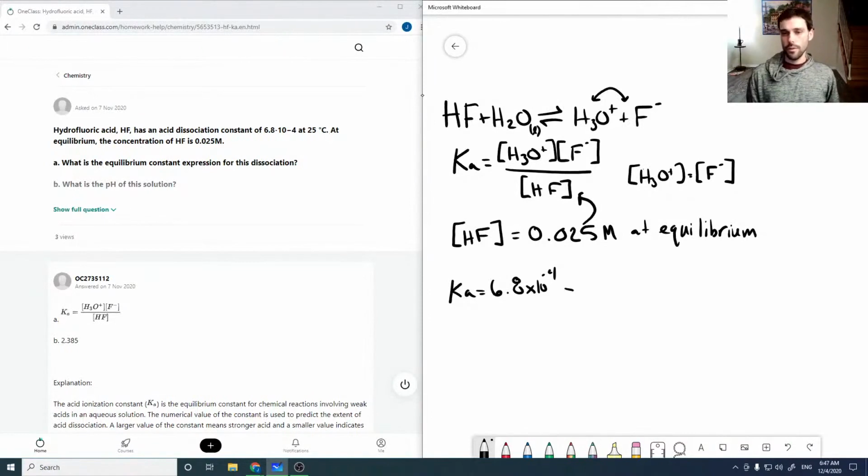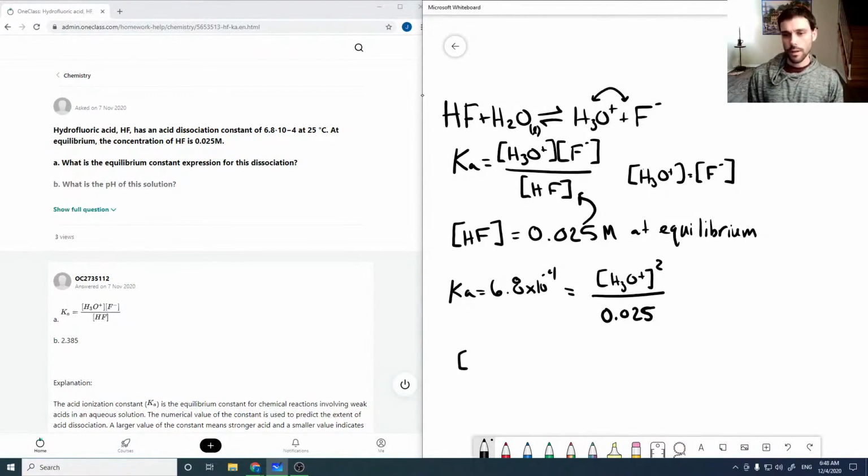And so this value must equal our H3O plus concentration squared over our HF concentration, which is 0.025 molar. I'll get rid of that actually. So the units are kind of funny with equilibrium expressions, so it's best to just drop them.